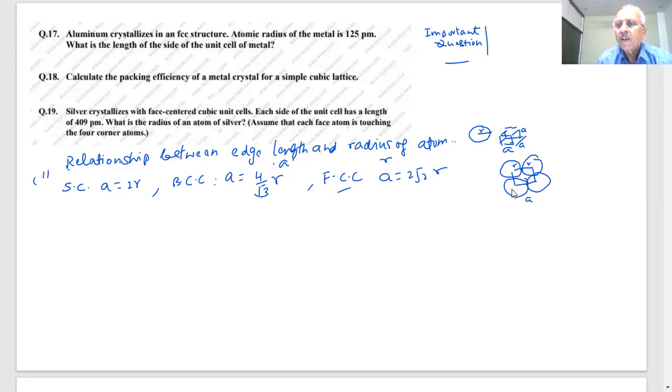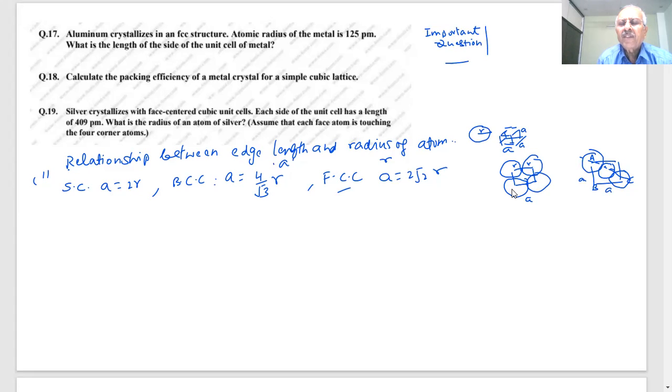What do you have in FCC? This is the face diagonal, and you have this side, and this. So you know the diagonal is 4r, and this is your triangle. When we see a, a, and 4r, students, Pythagoras theorem: 4r squared equals a squared plus a squared. So a is 2 root 2 r.